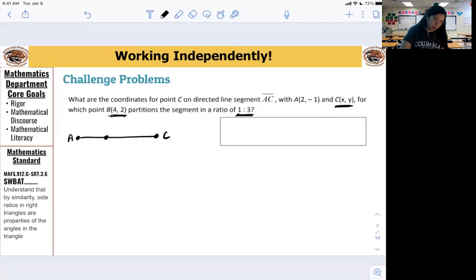So B is probably over here somewhere. We know A is 2 comma negative 1. We don't know C, but we do know B. It's a little bit backwards because usually we do know C, but we're looking for B. But we're going to treat it similarly.